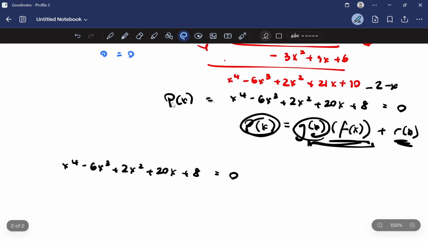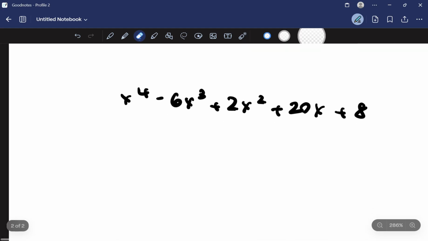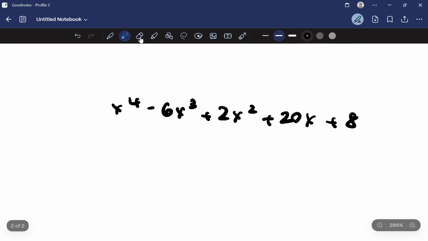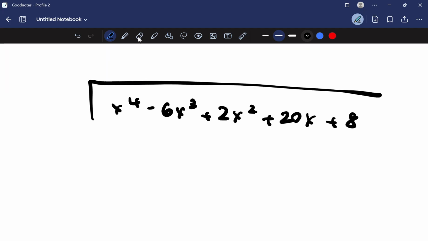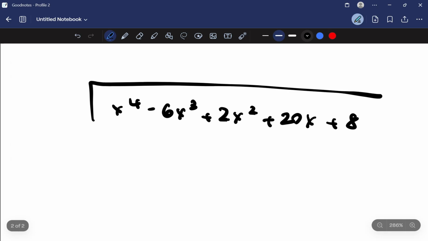Okay, so now we can erase this, and then we can start the amazing process of long division. So this is divided by x squared minus 4x minus 2.